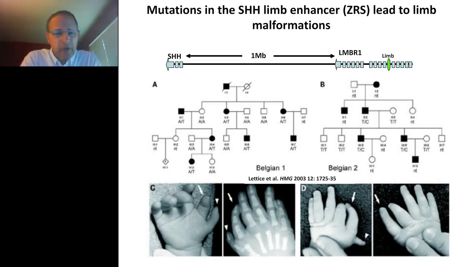There's now about 18 different point mutations that have been found in humans in this enhancer to actually lead to limb malformations in humans. And so we can use these point mutations to try and see, do we get a better understanding of phenotype from genotype? And as I'll show you, we're still very far away from that.